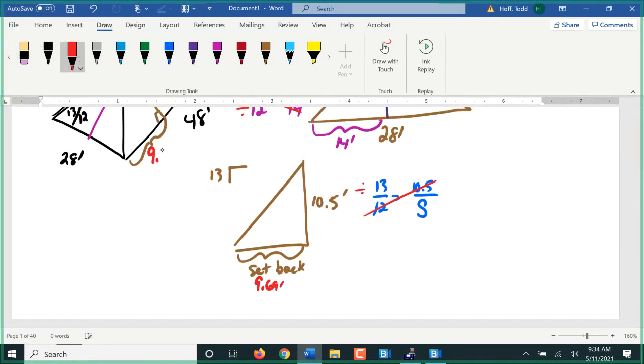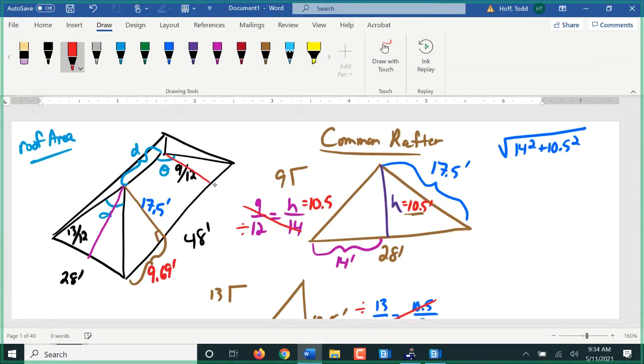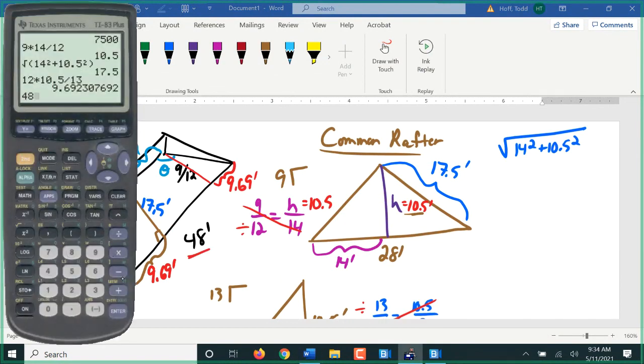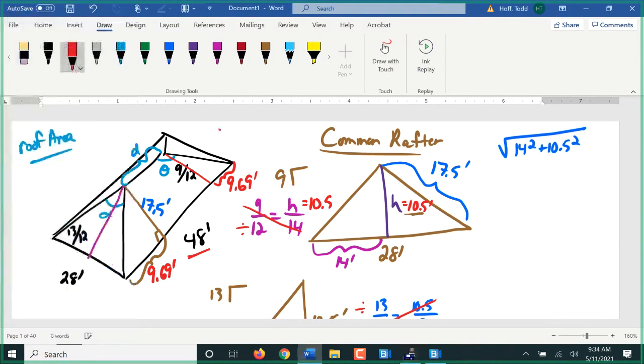So the setback here is 9.69 feet. Setback over here will be the same, 9.69 feet. So we can now find D. We take that full length of 48. We subtract 9.69 from that twice. We get that D is 28.62 feet.